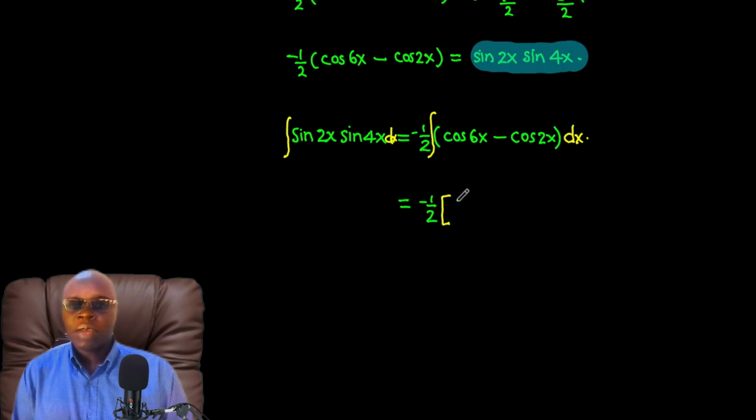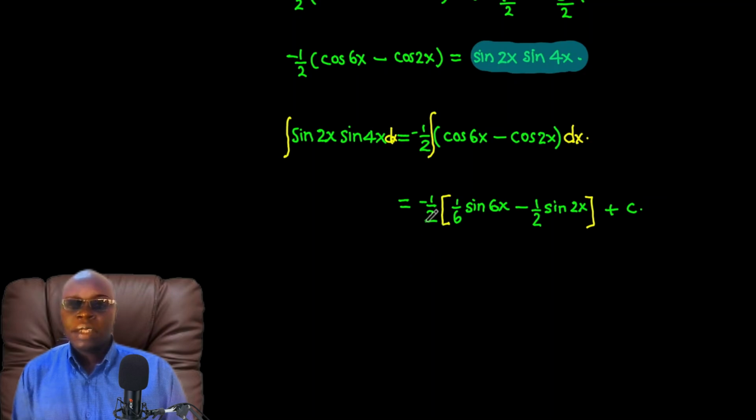We shall have here 1 over 6 sine, and we maintain the angle the same. Our angle is 6x. So here we have minus, also, we will have 1/2 sine of twice x. Now we can close this and we add our constant of integration c here.